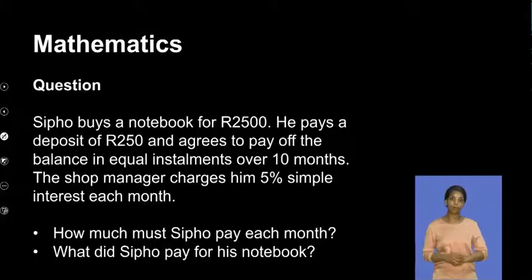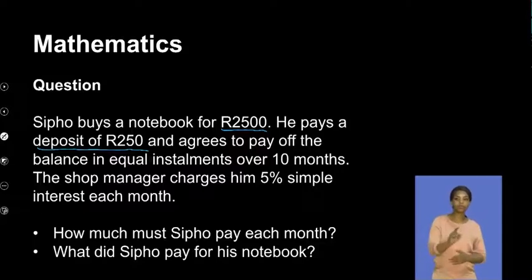Now, let's look at a specific question. Sipho buys a notebook for 2,500 rands, and then he pays a deposit of 250 and agrees to pay off the balance in equal installments. We first need to know what our balance is.